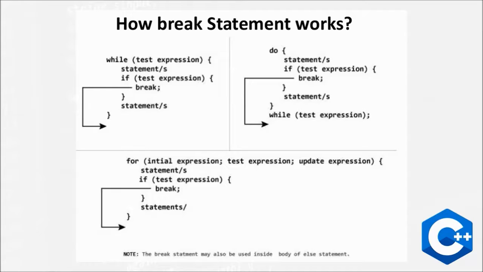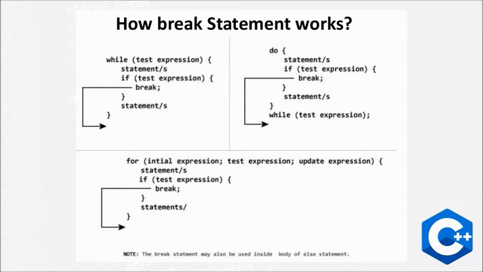In this slide we have three examples with a while loop, a do while loop, and a for loop. In the while loop, we start the while loop and its condition. Then into the body of the loop, we write a set of statements.